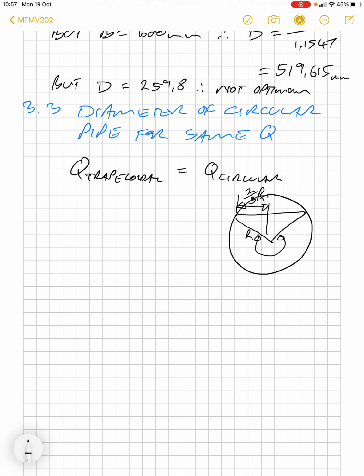And that is r, that is theta, and we say that is a and that is b. So sine of a is equal to 2/3 of r over r.